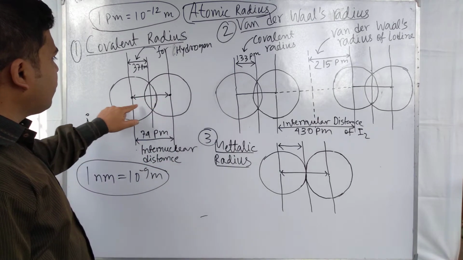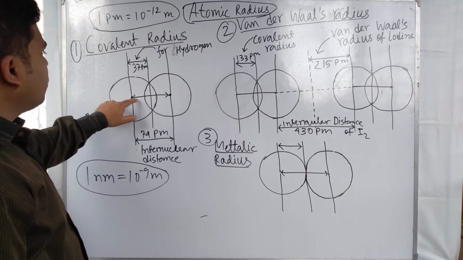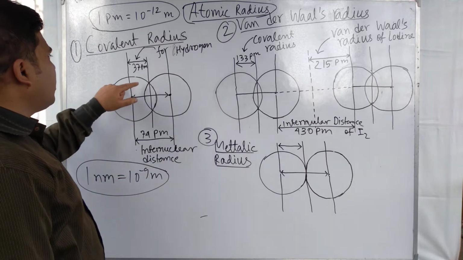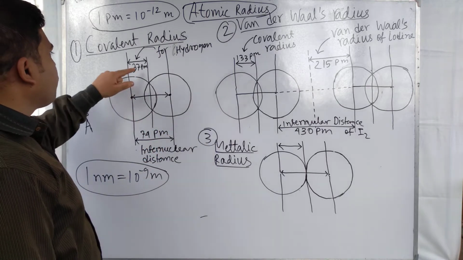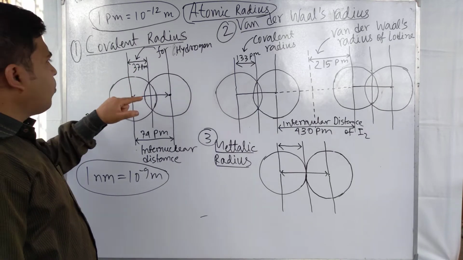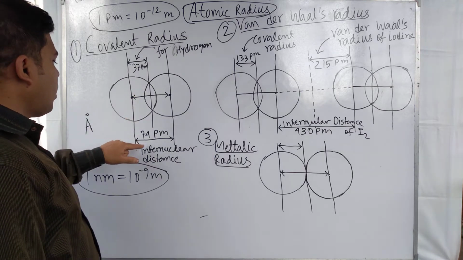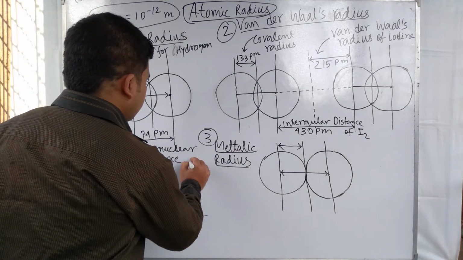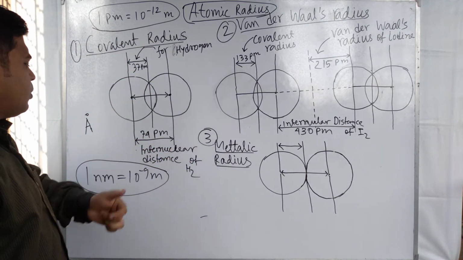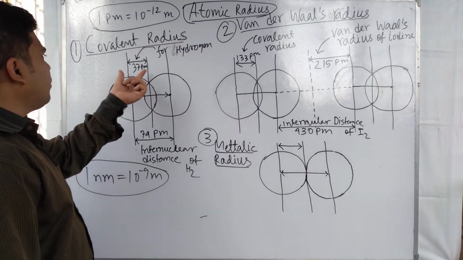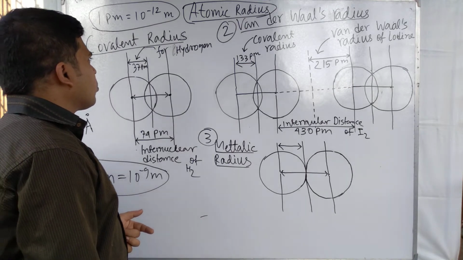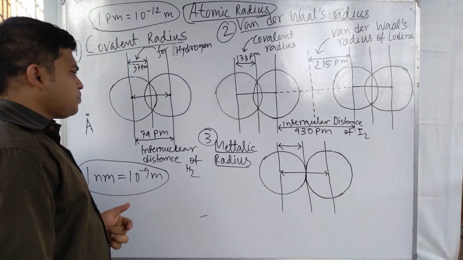When the internuclear distance is divided by 2, it gives us the covalent radius. For hydrogen it is 37 picometer, since the internuclear distance is 74 picometer. So this is the covalent radius for hydrogen in the H2 molecule.